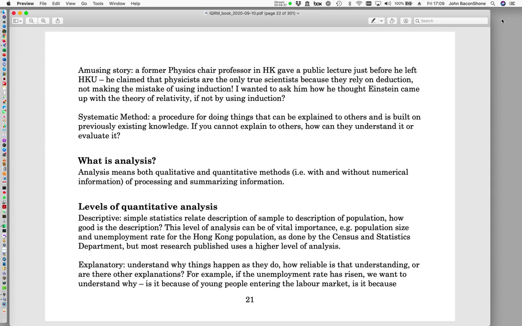So within quantitative analysis, I'm proposing here a relatively simple hierarchy about the levels of quantitative analysis. The first level is what I'm calling descriptive. I still remember receiving a journal article review back which said, this is a very interesting paper, but unfortunately it only includes descriptive analysis.